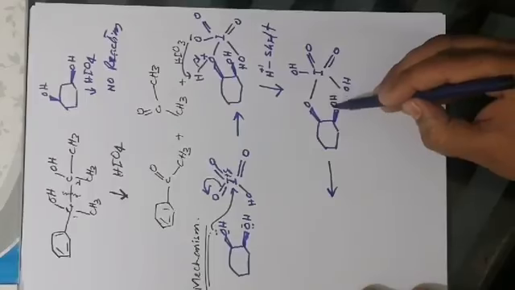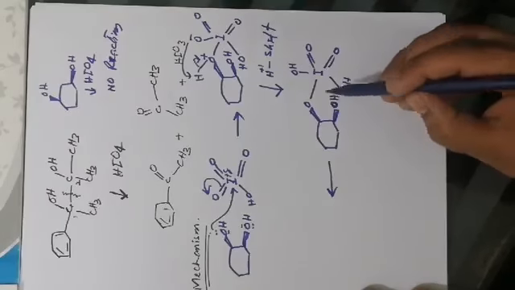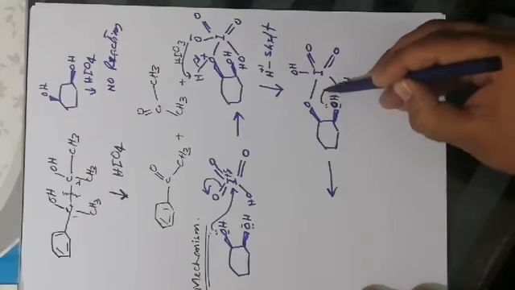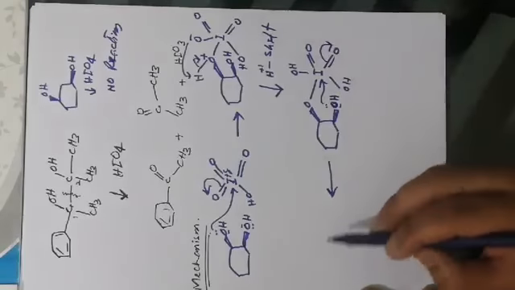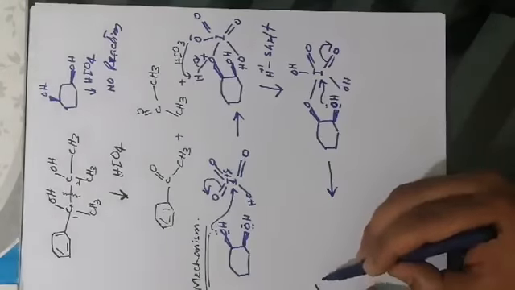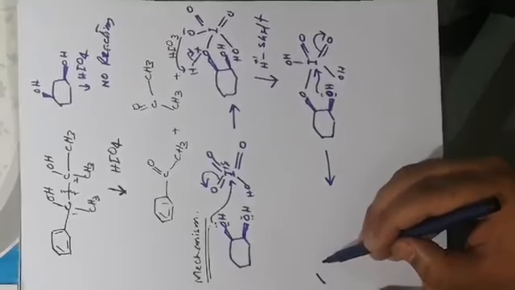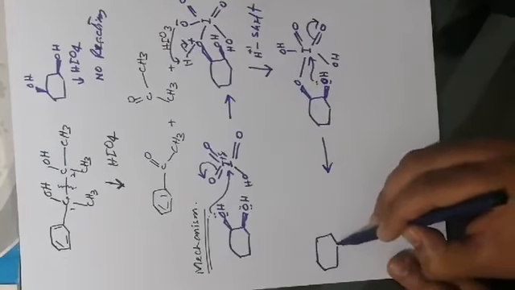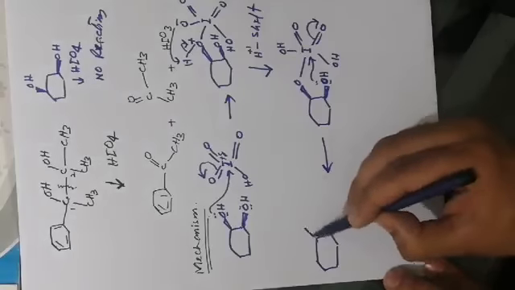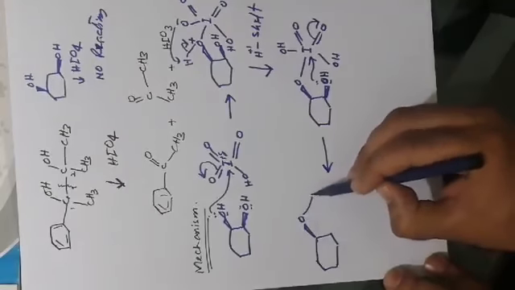Since we have another hydroxyl group, it attacks this iodine and this bond moves over here. You get this intermediate.